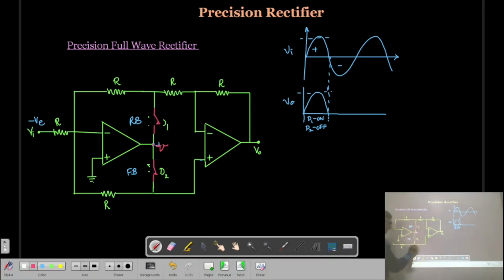Now this V is present here, and it means V is also present here. And if V is present on the non-inverting terminal, then the voltage V is also present on the inverting terminal by the concept of virtual ground or virtual short. Correct? So now let us see the circuit. If I simplify the circuit, then it will look like this.